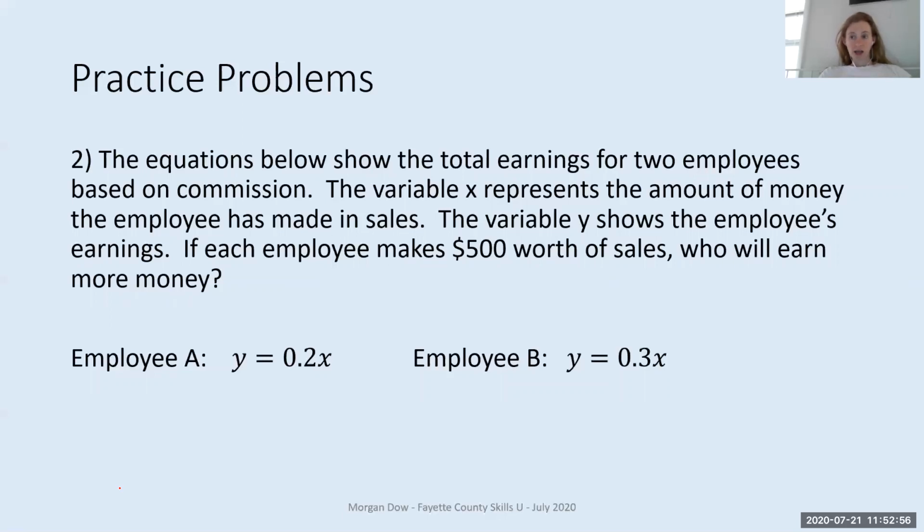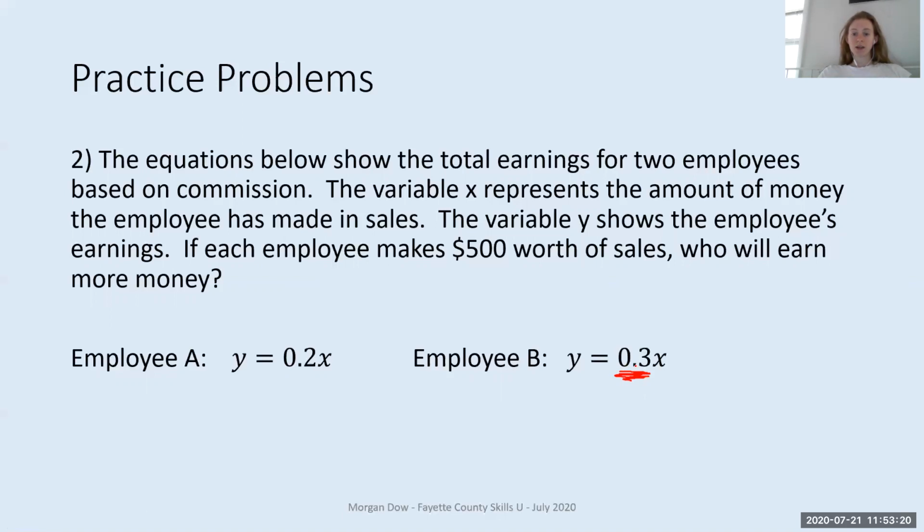The quickest way, if you have a good understanding of your functions and slope here, you might be able to see right off the bat that employee B is always going to be earning more than employee A for the same amount of sales, right?